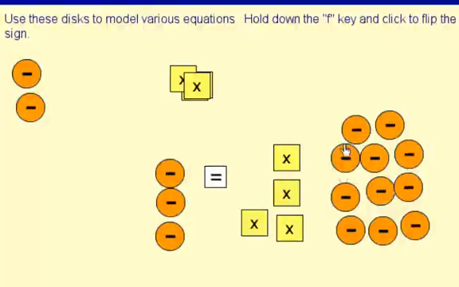If I add 11 to 11 negatives, it's going to make 0. But if I add 11 to the left side, it's going to be like adding 11 pluses.